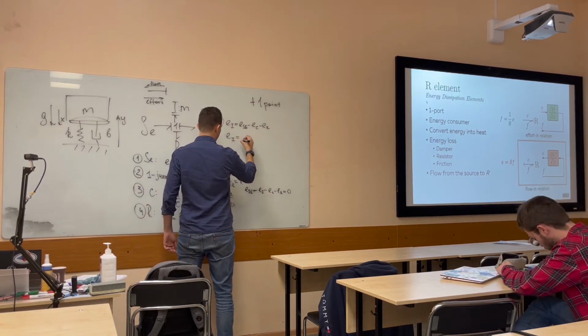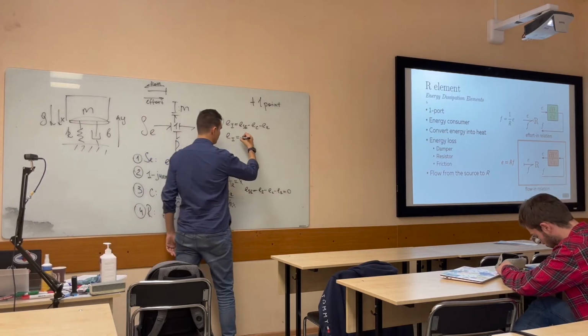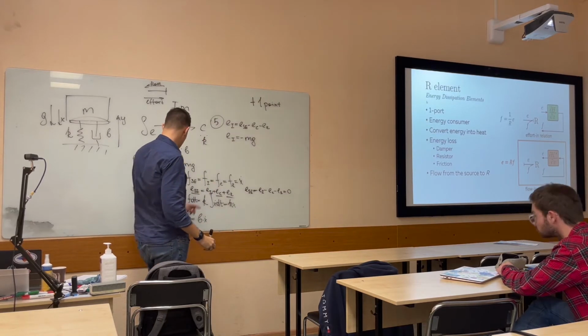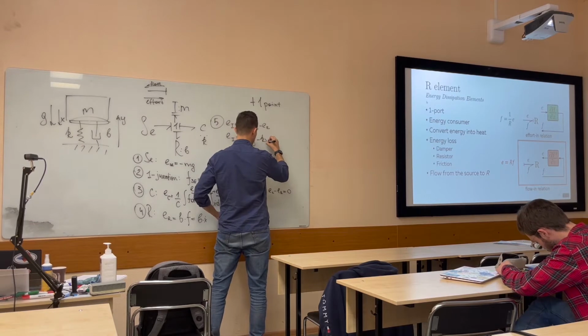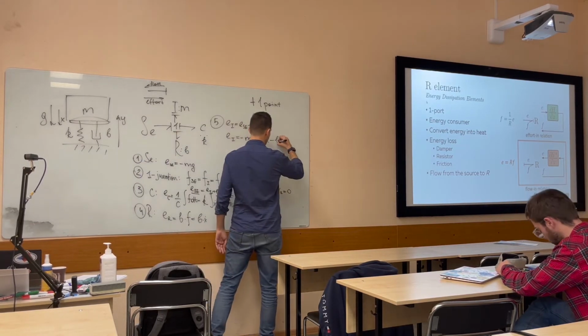And we can put in all the components. So EC will be minus mg, EC will be minus kx, and ER will be minus bx dot.